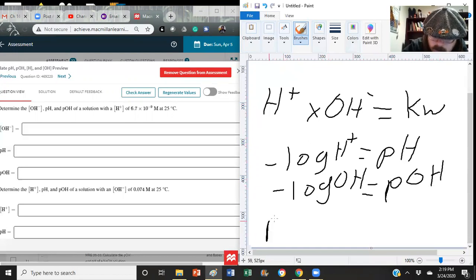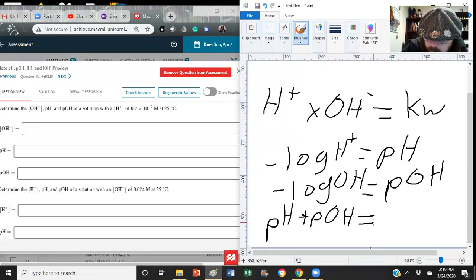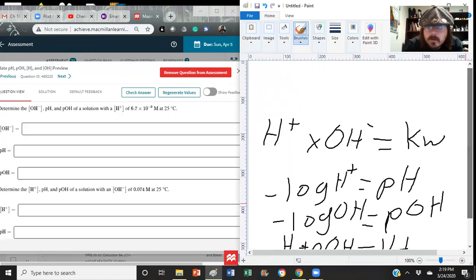And we have pH plus pOH equals 14. And there's actually one more relationship, but those are the main ones. We can also say that H plus equals 10 to the power of negative pH.